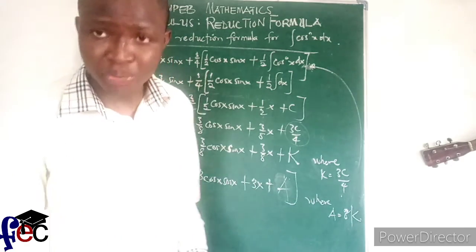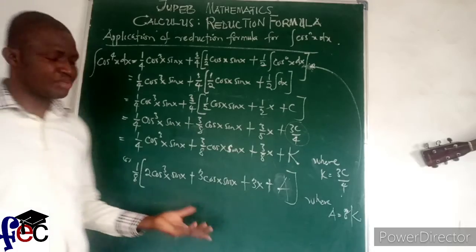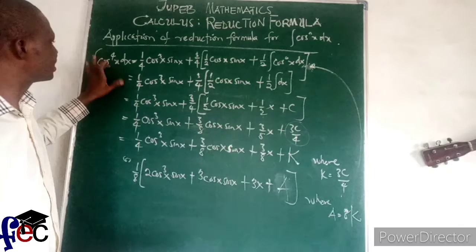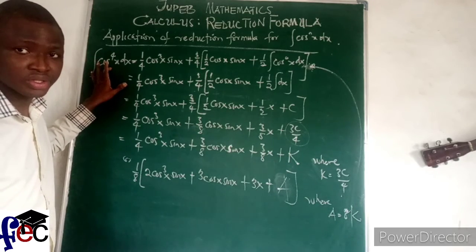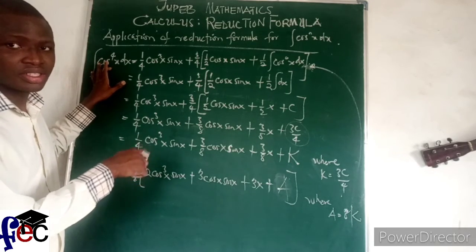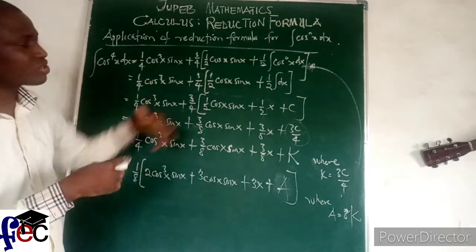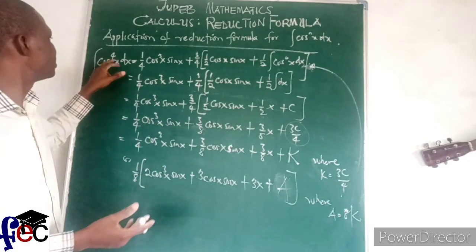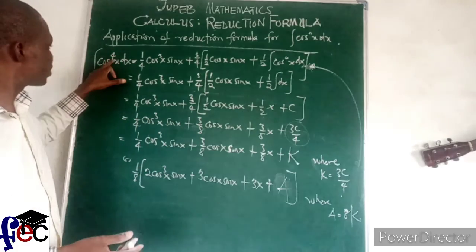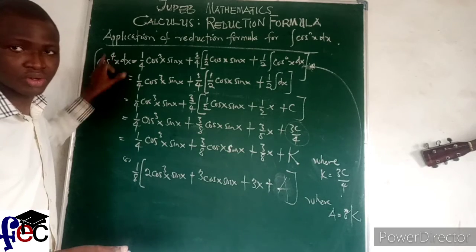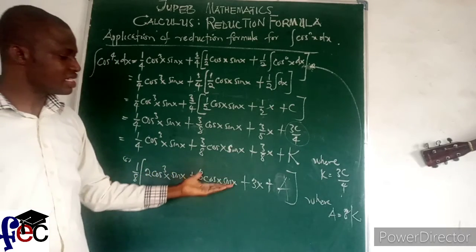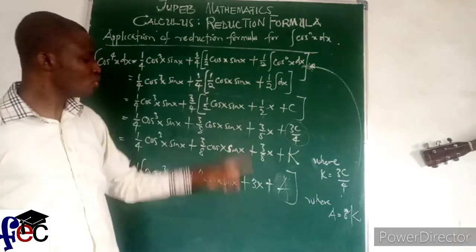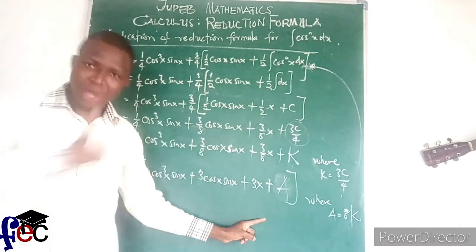So I think that's that. I hope you have learned something from this. You have picked 1 or 2 things from this video, but do not forget that depending on the degree of this trigonometric function, your application of this reduction formula will continue, or will be based on the degree. If this were to be degree 2, cos square x, we would have only applied the reduction formula once, but because it's 4 now, we got to c sub 2, we have to apply again.